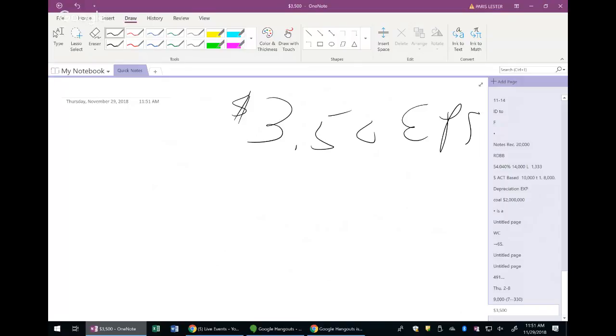Okay, but the dividend payout ratio down here is 41.1%. Wait a minute. They're paying out dividends per share of $1.44. Earnings per share is $3.50.